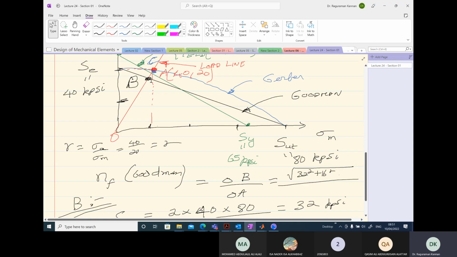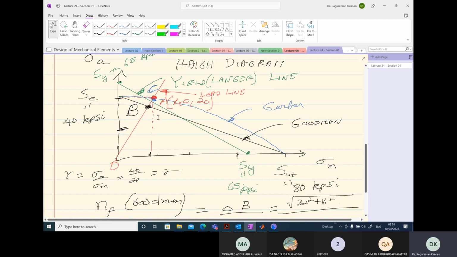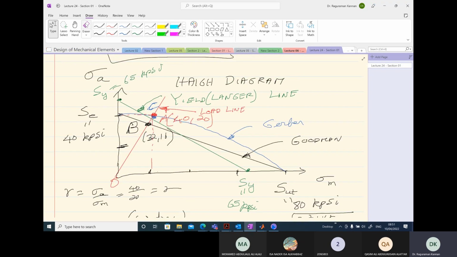The point B has the coordinates 32 SA, 16 SM, so 32 comma 16. Sorry, 16 comma 32, the other way around. 16 is the sigma m value, 32 is the sigma a value over here.